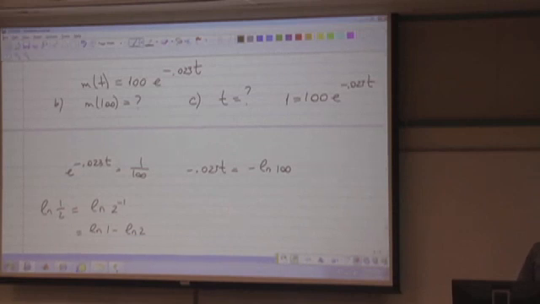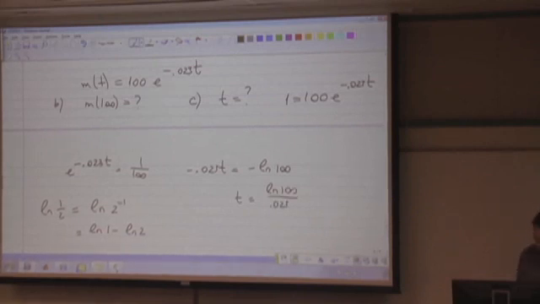So it's the same argument here. It was 1 over 100. So ln of 1 over 100 is the same thing as ln of 1 minus ln of 100, so we just end up with minus ln of 100. So t is just going to be ln of 100 divided by 0.023.